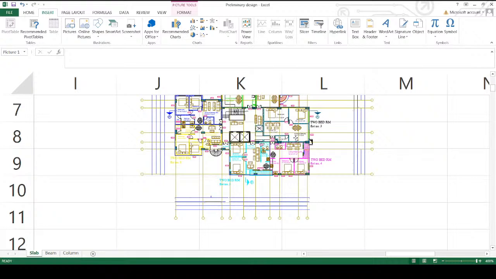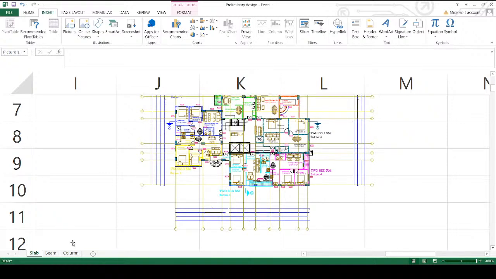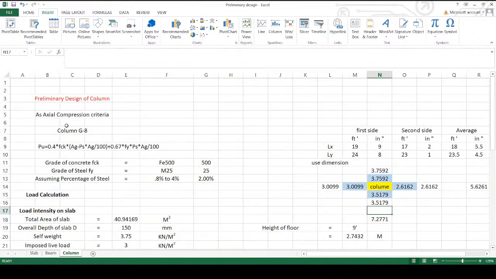That is the G8 column. Our column is under axial load, and the preliminary design of column G8 is designed on the axial compression load criteria.